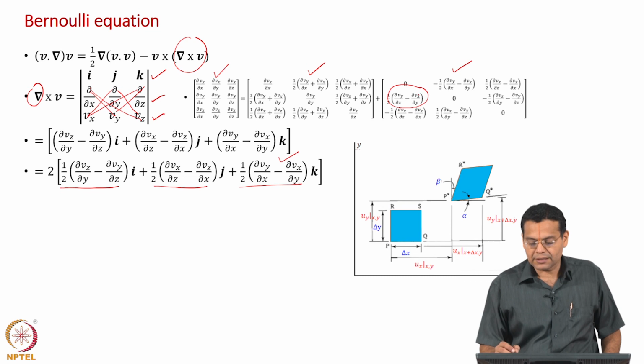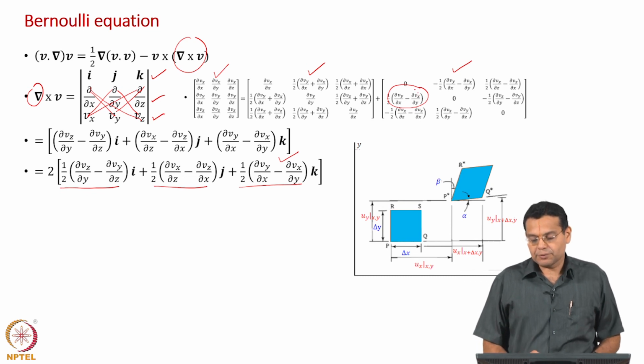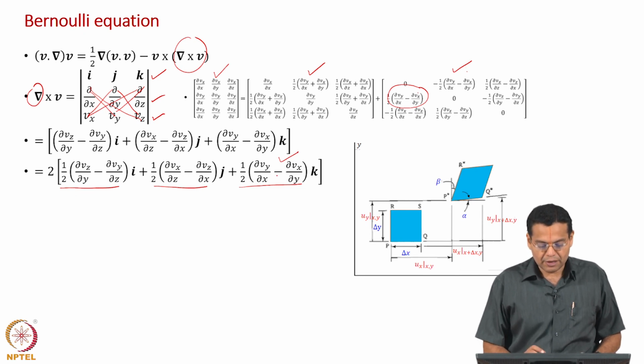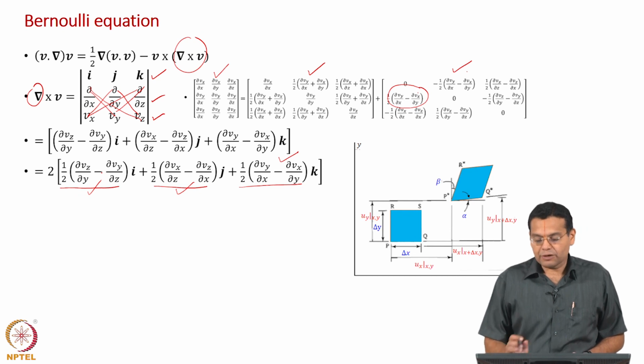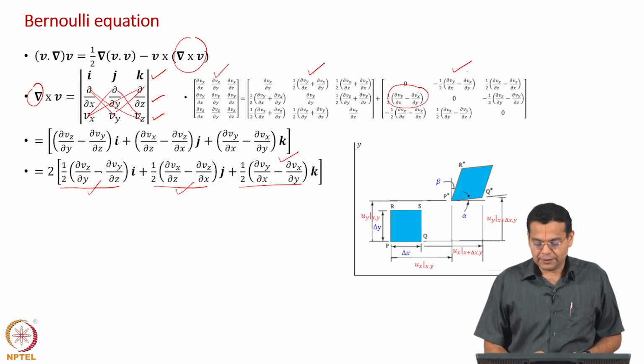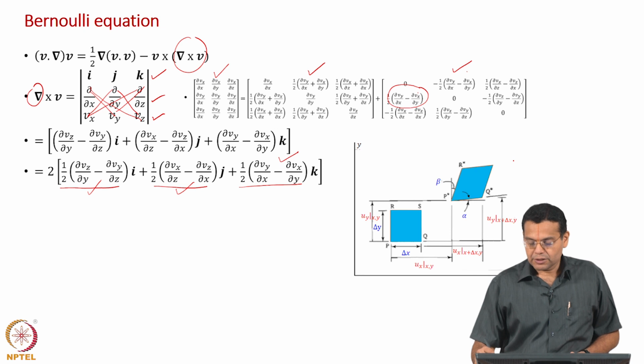Of course, we know that this is omega dot x y and this is minus omega dot x y. Okay. And so, what we have here is omega dot x y. Similarly, these terms also represent the rate of rotation in the different planes, okay. And that is what is shown here.